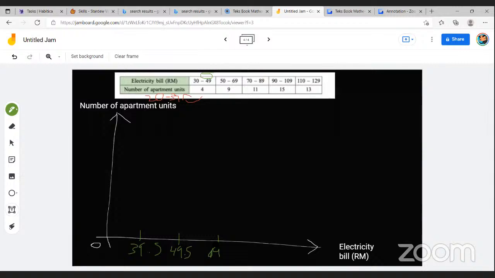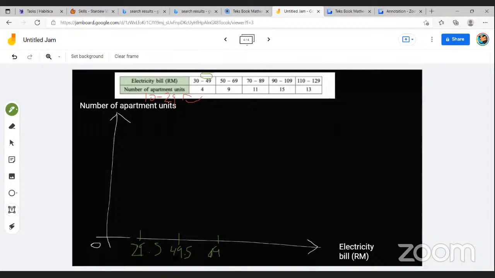69.5. Wait, no, not 40. Wait, am I doing something wrong? Oh right, I am. This one is the empty class, sorry, it's meant to be 10 to 29. So from here, you have to write the upper boundary of each class, including the empty class, by the way.